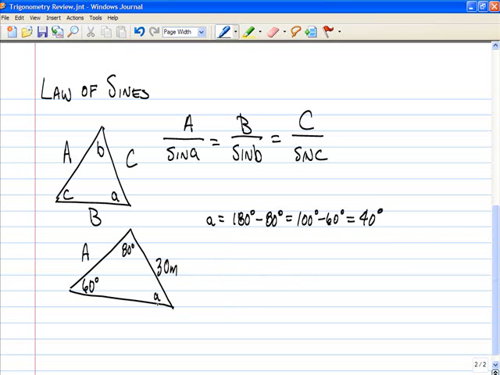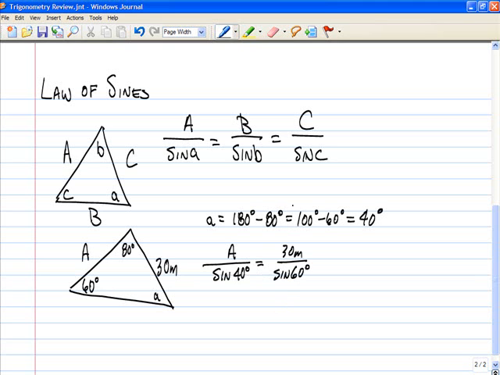We can say that the sine of 40 degrees over A equals 30 meters over the sine of 60 degrees.